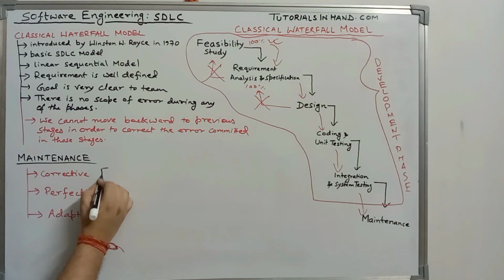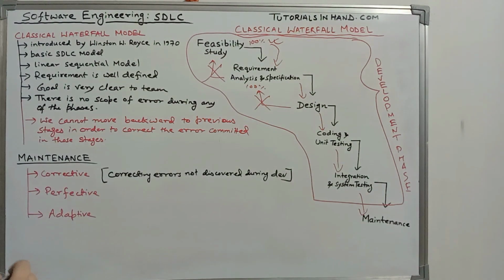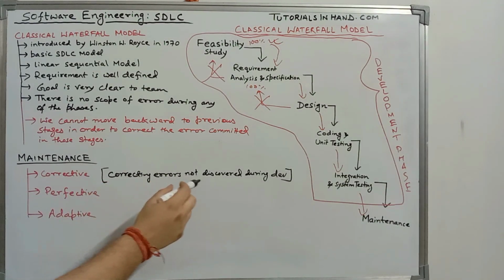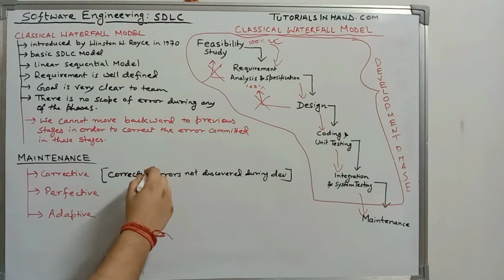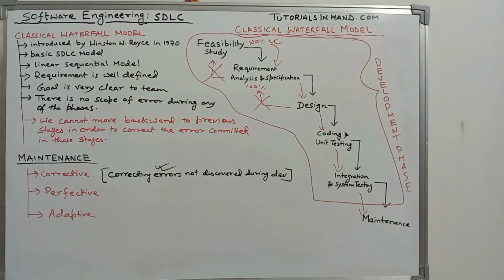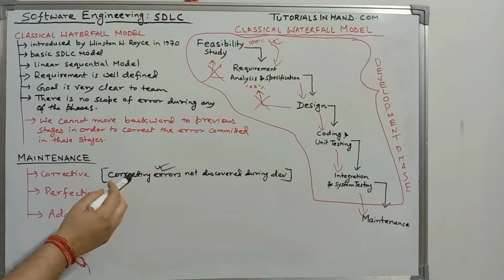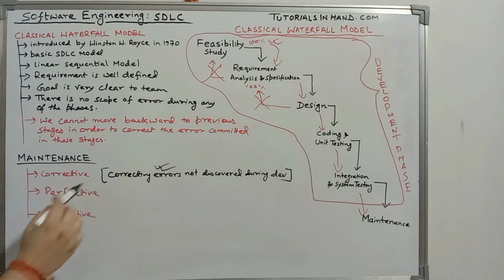Corrective maintenance involves correcting the errors not discovered during the development phase, or anything that has been overlooked or missed, or where, due to a communication gap, there has been some error in the product. So we try to correct that in the corrective maintenance phase.